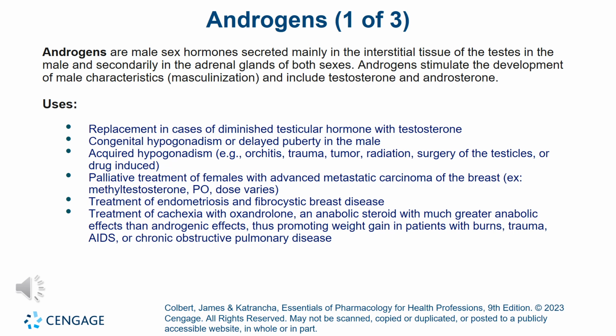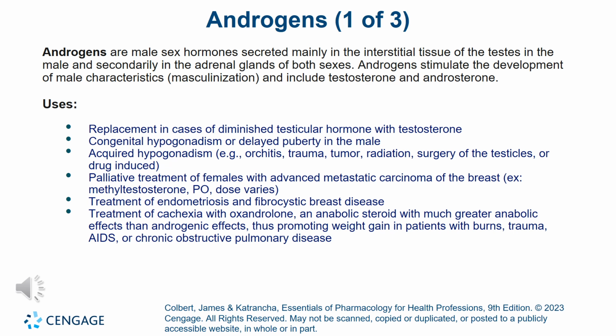hypogonadism such as orchitis, trauma, tumor, radiation, surgery of the testicles, or drug-induced, palliative treatment of females with advanced metastatic carcinoma of the breast. An example of that would be methyltestosterone. It's given PO or by mouth, and the dose will vary.